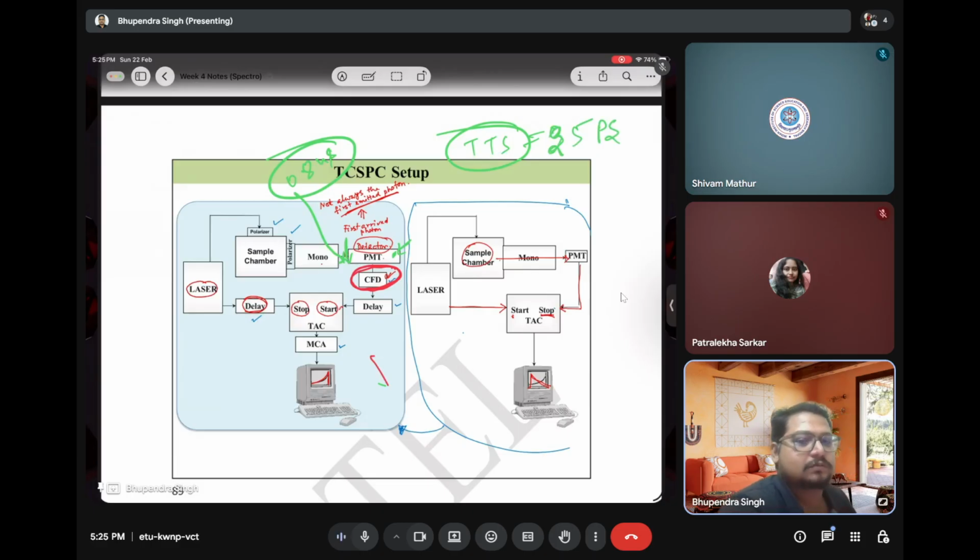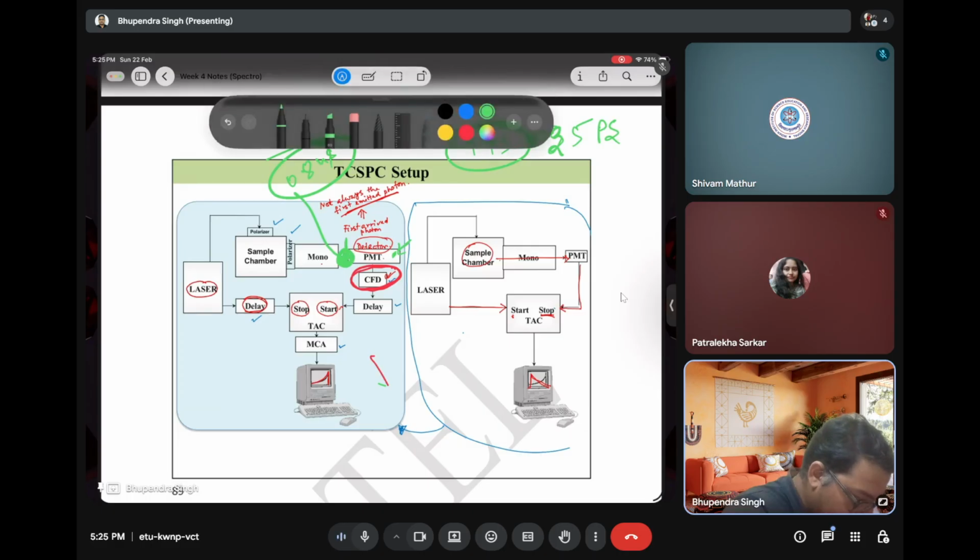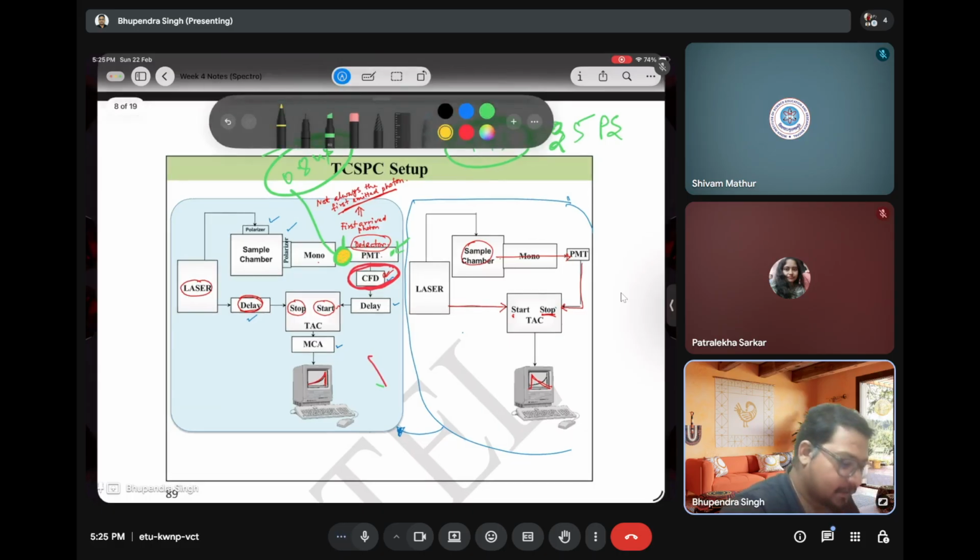What do you mean by this 35 picosecond? It means that the photon is reaching here at this point. Let me take another color, yellow. At this point, it will convert this photon into the electrical signal.